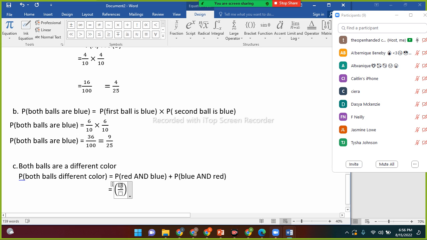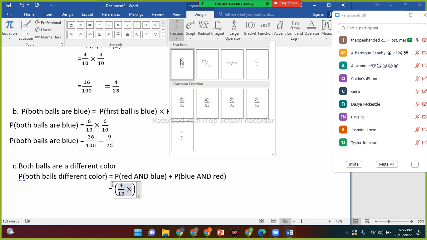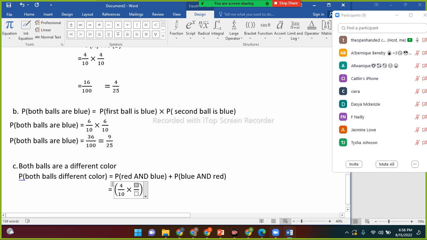Caitlin? 4/10. What's the probability that the second one we get is blue? 6/10. Very good. Notice how we multiply these two, because this is the probability of red and blue.